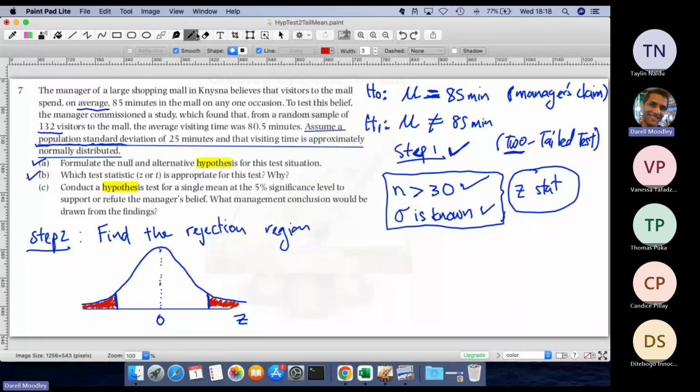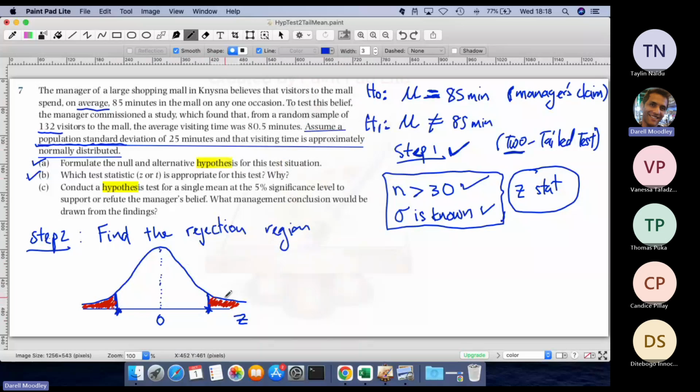Now we need to determine what these values are. What is the value on the z-axis here and here? In order to do that, we need some additional information. We need to know the size of the area, the red area.